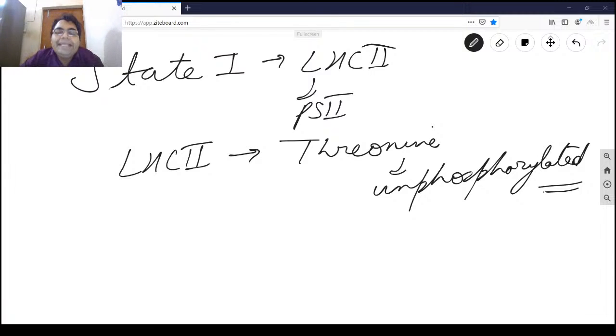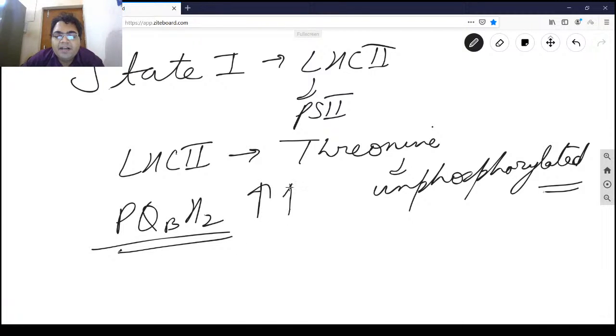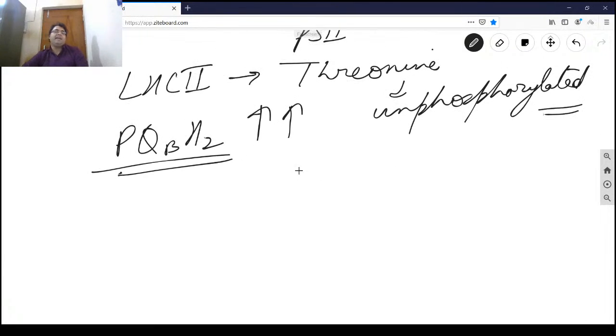But if PQH2 formation is happening at an enhanced rate, the electron must go to the photosystem 1, P700, and be oxidized. Later on PQH2 must become PQ and transfer the electron to P700. But if P700 is inactive, only PS2 is active, since LHC2 here is bound to PS2.